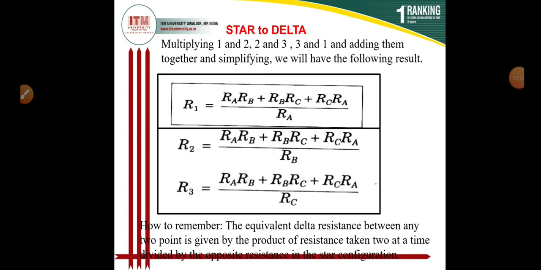Now for star to delta conversion, we multiply equation 1 and 2, 2 and 3, and 3 and 1.